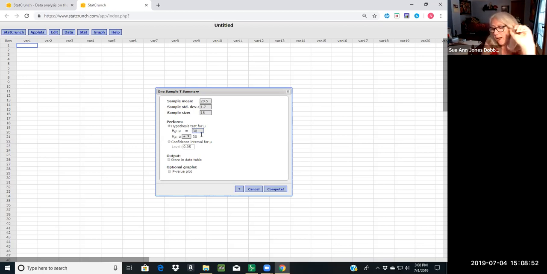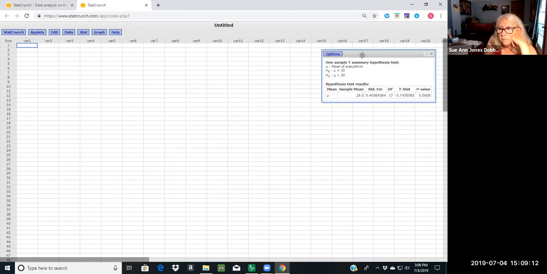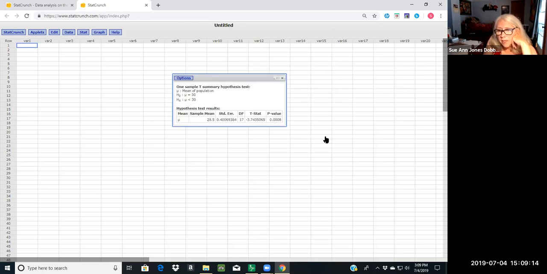Now, our actual null hypothesis said mean less than. In StatCrunch, they only emphasize the equal to part, okay? The alternative was less than. And so when I compute this, you'll see there's my p-value. That's exactly what the calculator gave me. There's the test statistic, which again, that's what we found on the calculator and even by hand.